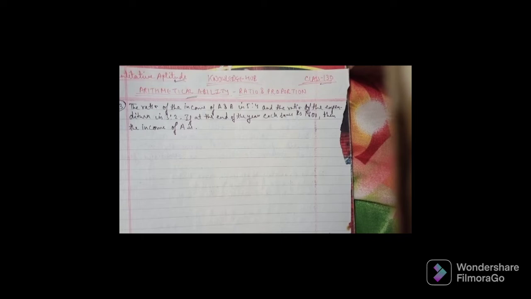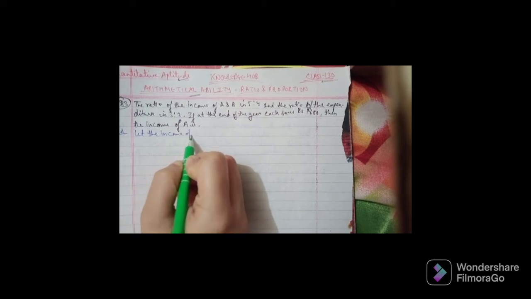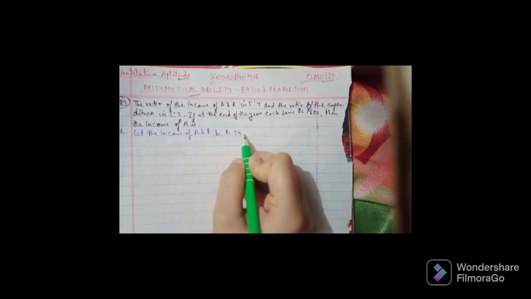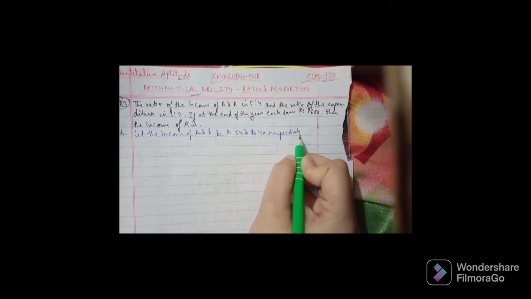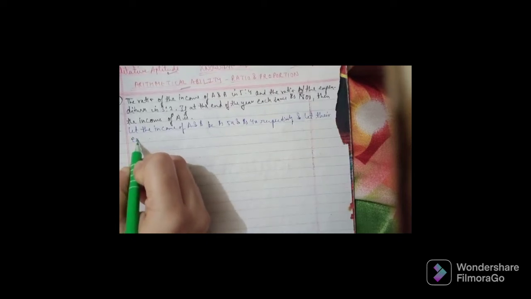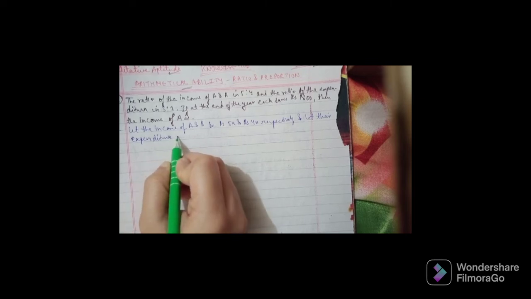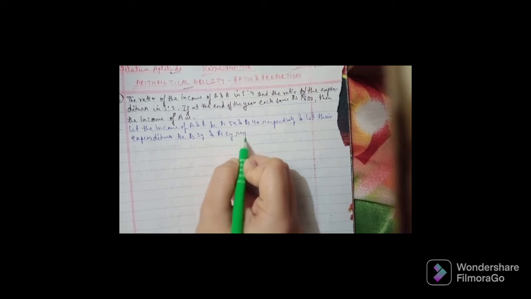Let the income of A and B be rupees 5x and rupees 4x respectively, and let their expenditures be rupees 3y and rupees 2y respectively.